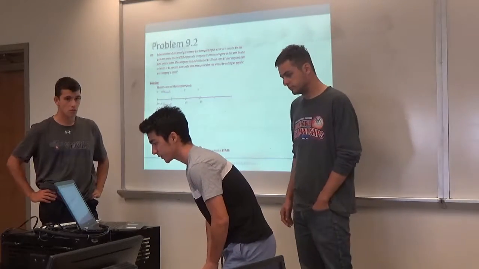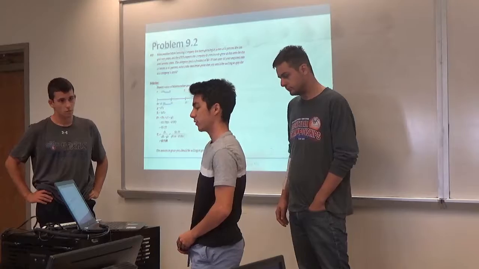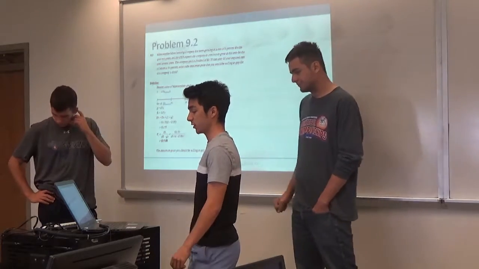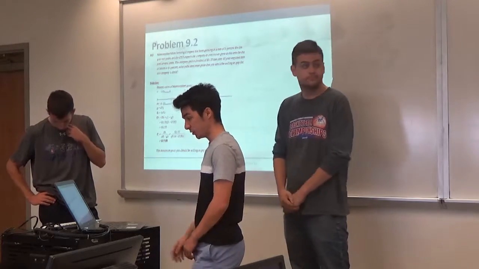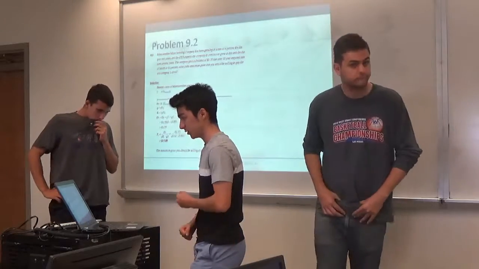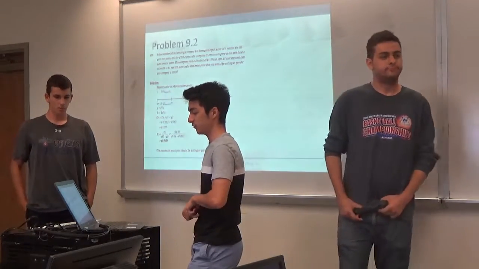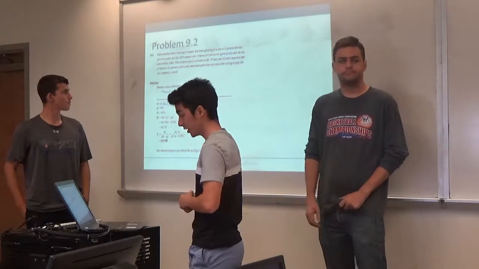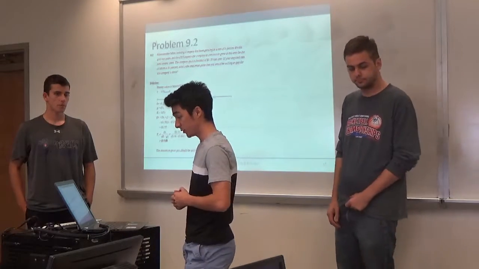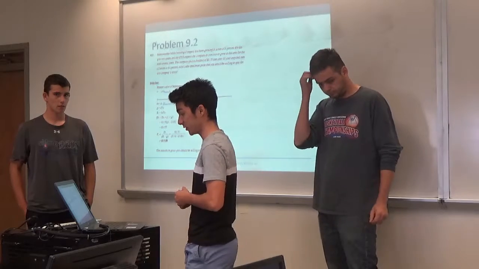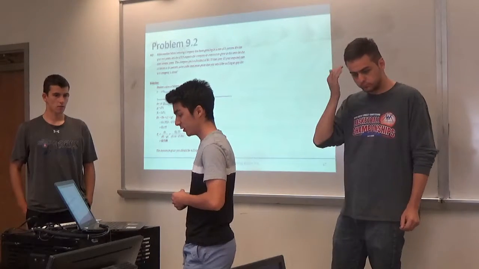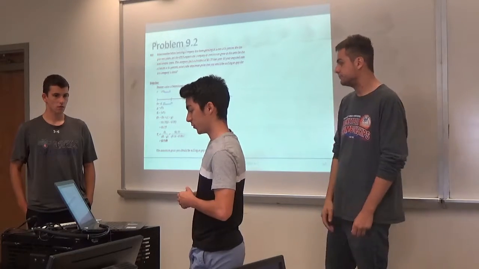Okay, so in this problem, we're trying to assess a manufacturing company that has been growing at a rate of 6% for the past 2 years. The CEO expects the company to continue to grow at this rate for the next several years. The company paid a dividend of $1.20 last year. If your required rate of return is 14%, what is the maximum price you would be willing to pay for this company's stock? So here we use the growth model.